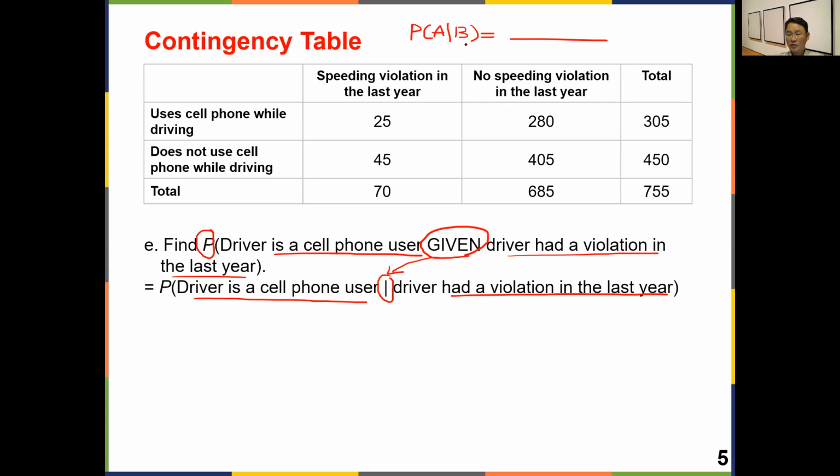What goes under? The given part goes under. So probability of B goes here. And what do you write on the top? Well, probability of A and B, right? So this was the formula.